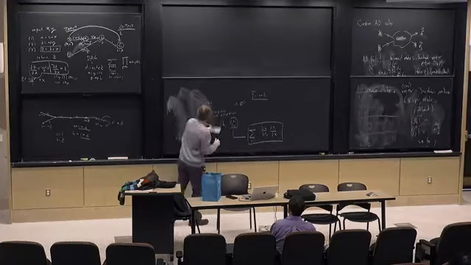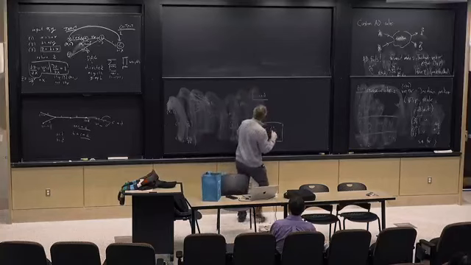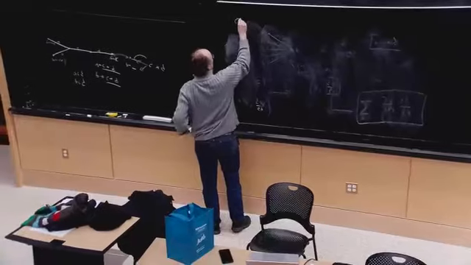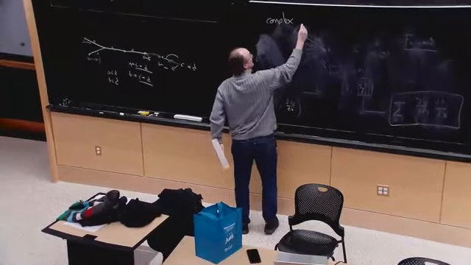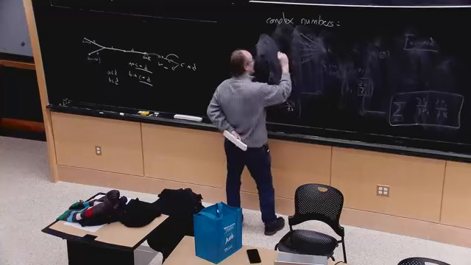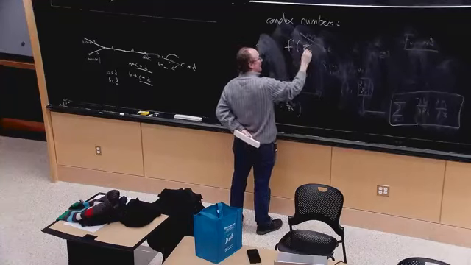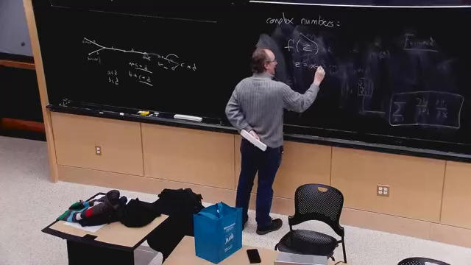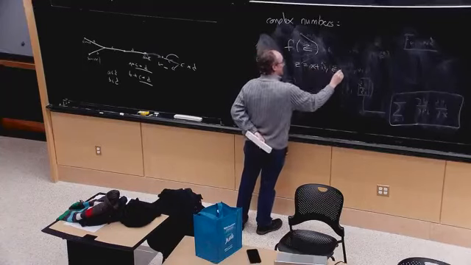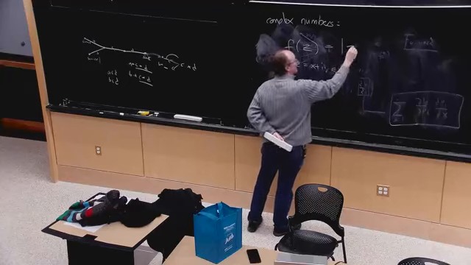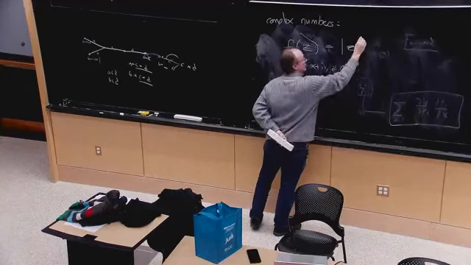Another thing that I would have liked to have had time to cover is talk about complex numbers. Right? So for example, suppose you have f of z, where z is x plus i y, a complex number, and f equals the magnitude of z squared.